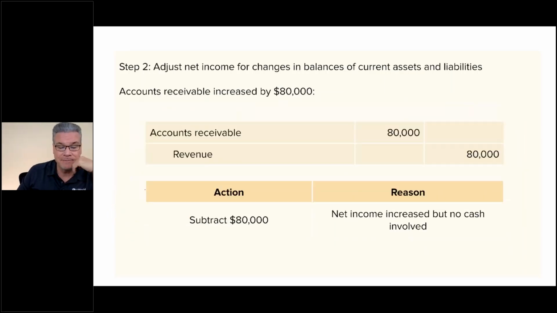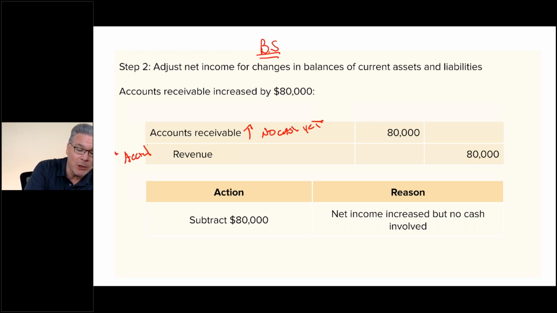No problem. You ready? Balance sheet adjustments. Folks, when accounts receivable goes up, no cash yet. When accounts receivable goes up, that means we accrued for the revenue. When you accrue for it, you don't have the cash. So when accounts receivable goes up, what do we do?